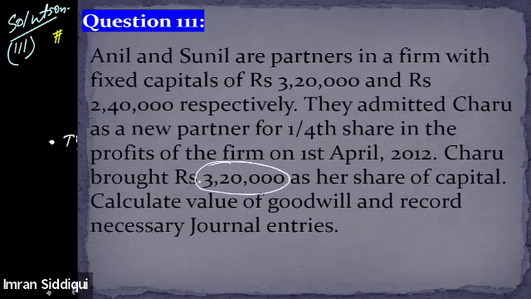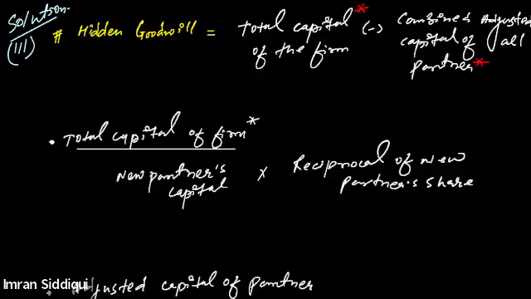Everybody is able to see that Charu brought 3,20,000 as his share of capital, and his share is 1/4 in the total profit. So to determine the total capital of the firm, we will simply multiply 3,20,000 into the reciprocal of the new partner's share. The new partner's share is 1/4. Reciprocal of 1/4 is 4/1.